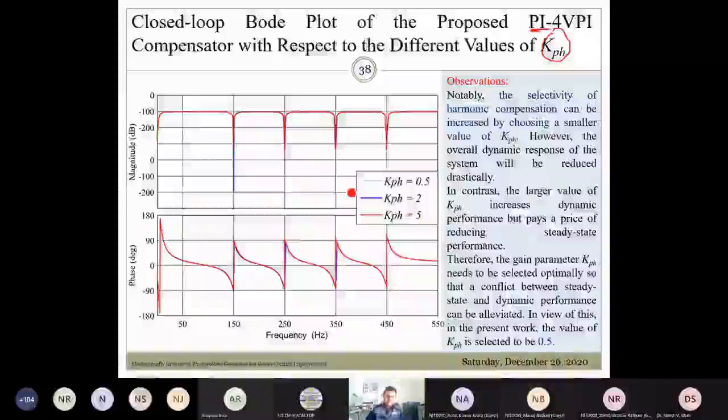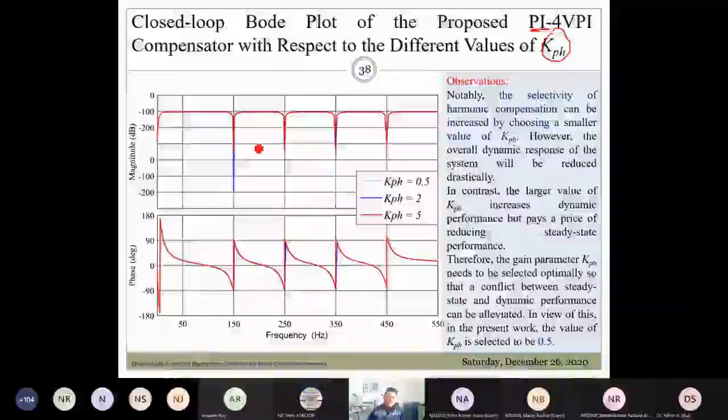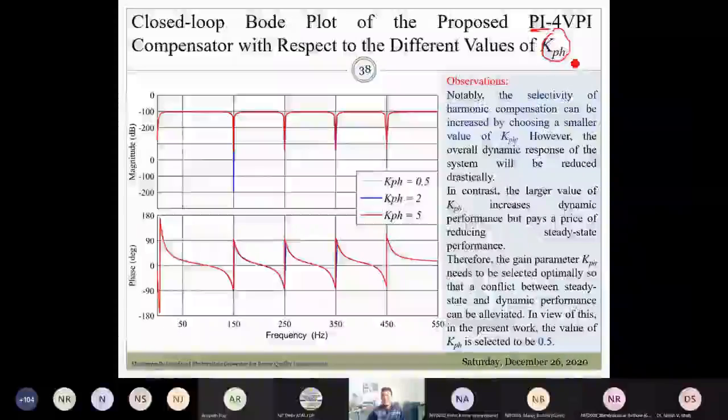It can be inferred from this Bode plot that the change in KPH value does not have an observable impact on the damped responses of this PI for VPI compensator, which proves the robustness of the PI for VPI compensator against the fluctuations in the KPH.